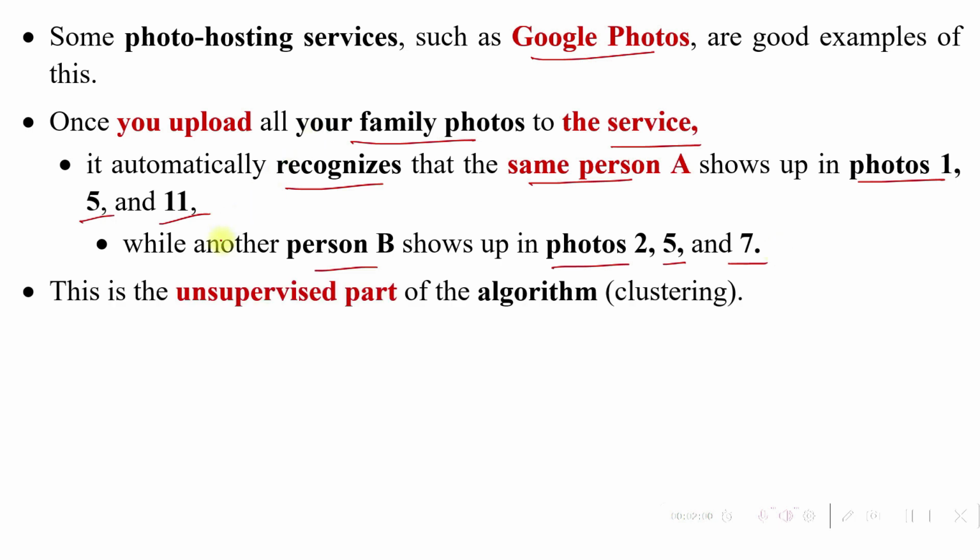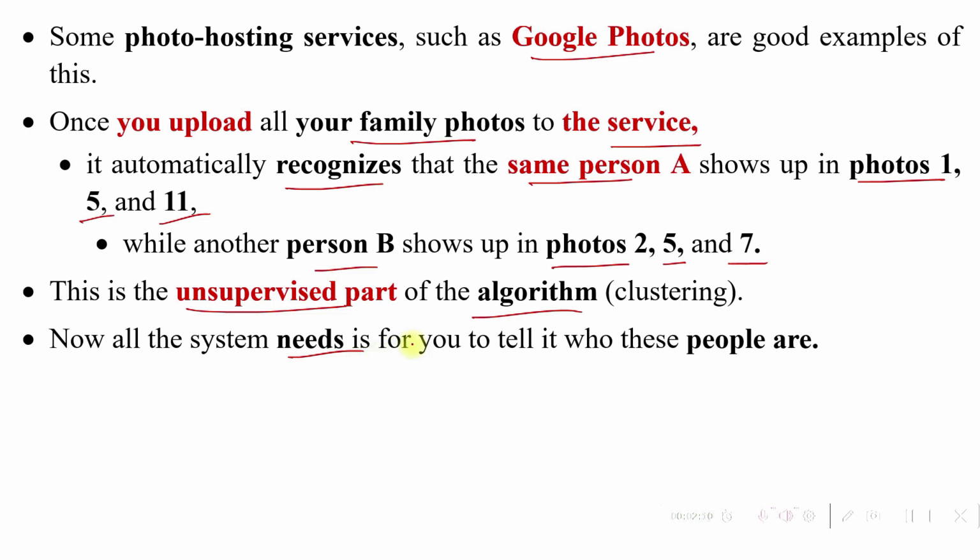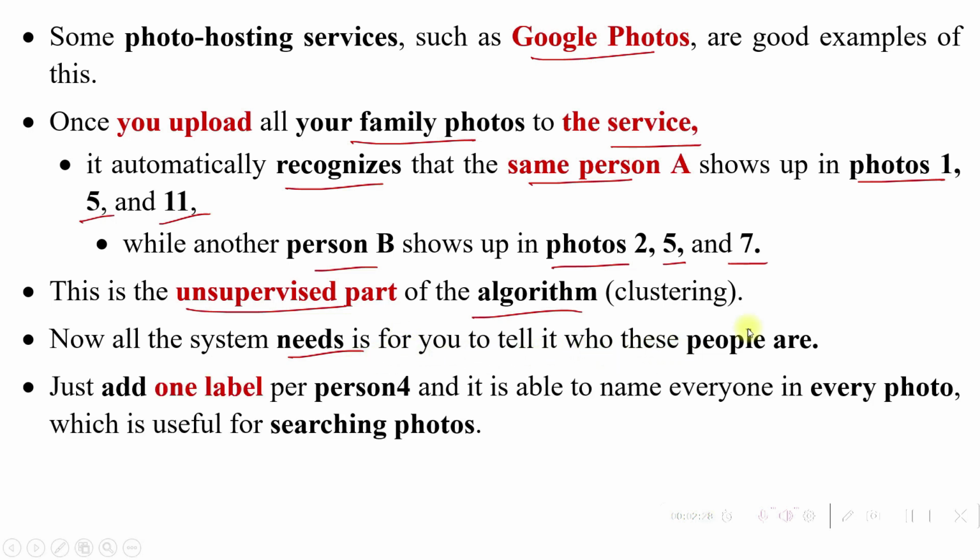This is the unsupervised part of the algorithm. All it needs is for you to add one label per person, and it is able to name everyone in every photo, which is useful for searching the photos.